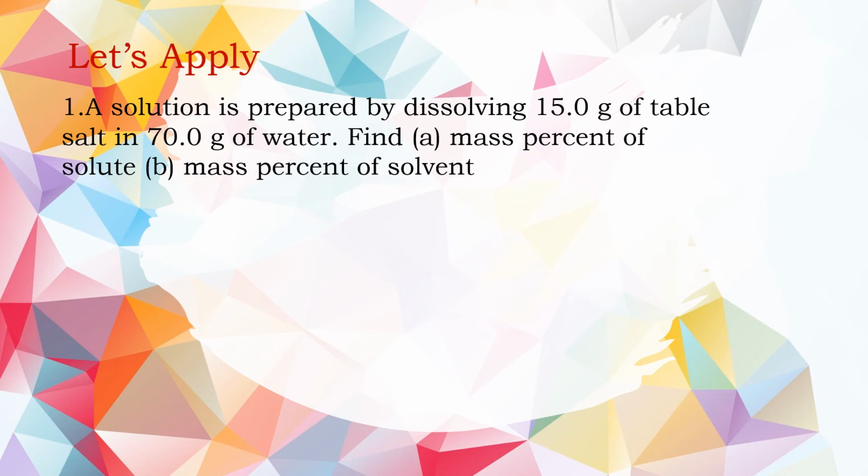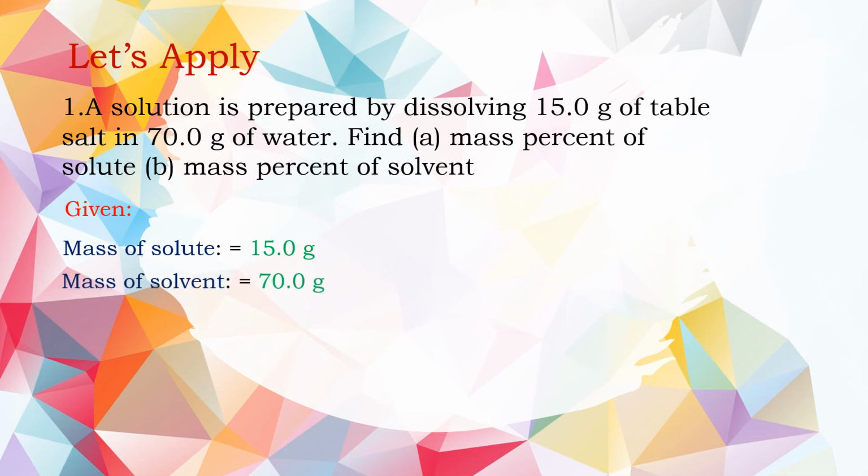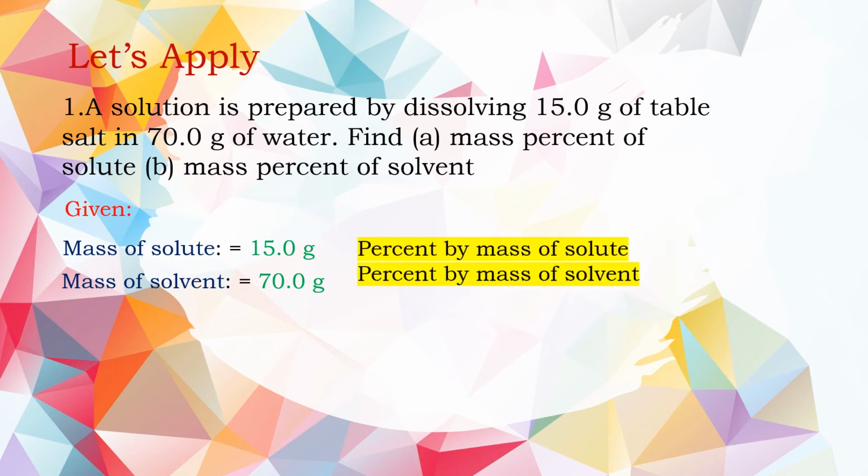Tingnan po natin kung makakalculate na natin yan. Okay, so again, hanapin mo na yung given. So ano yung mass of solute natin? What is the value? So we have 15.0 grams. For the mass of solvent, we have 70.0 grams. So ang hinahanap po natin ay percent by mass of solute, or the mass percent of solute, and the mass percent of solvent.